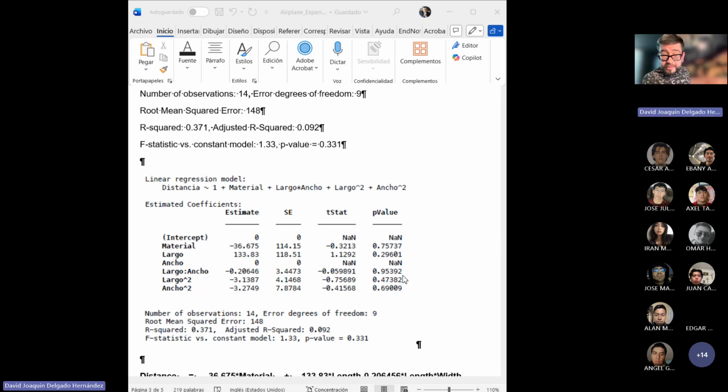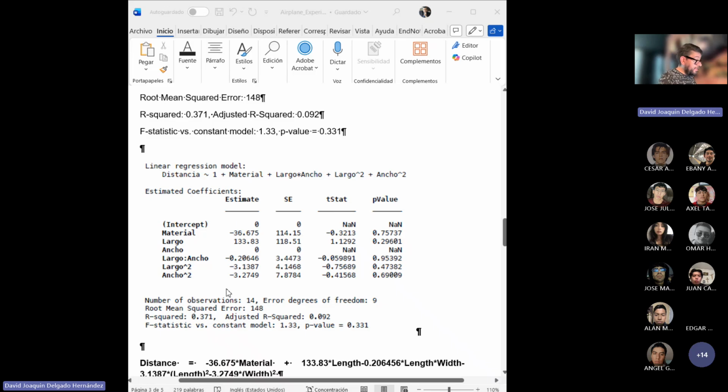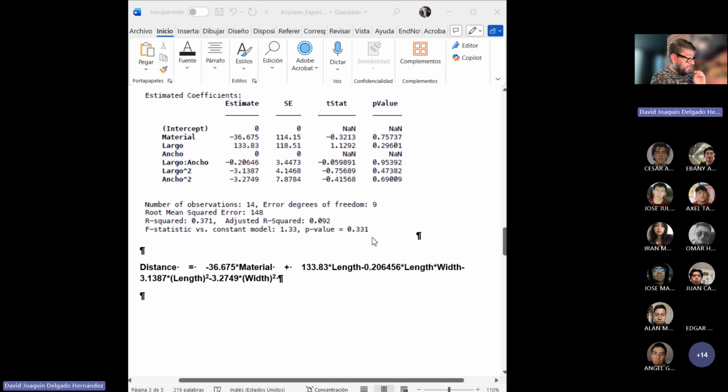So look, in this case, in the quadratic model, I have different coefficients for the combinations: length, width, length with width, length to the second power, and width to the second power as well. These are the coefficients that were calculated for this second model, the quadratic model. But look, the precision is very similar to the first one that we had already analyzed.